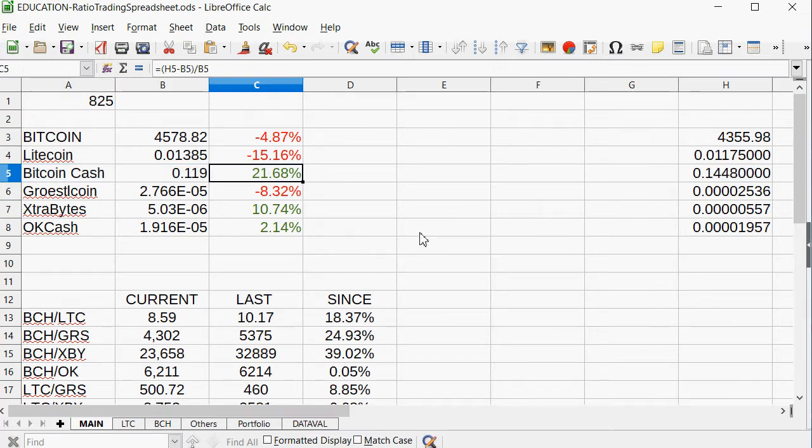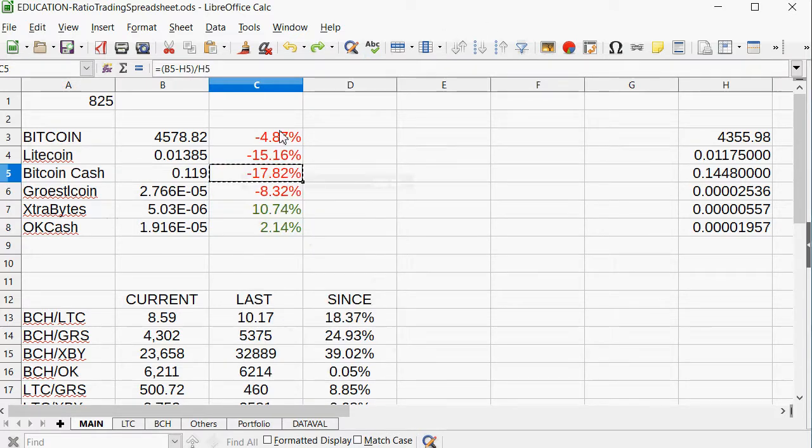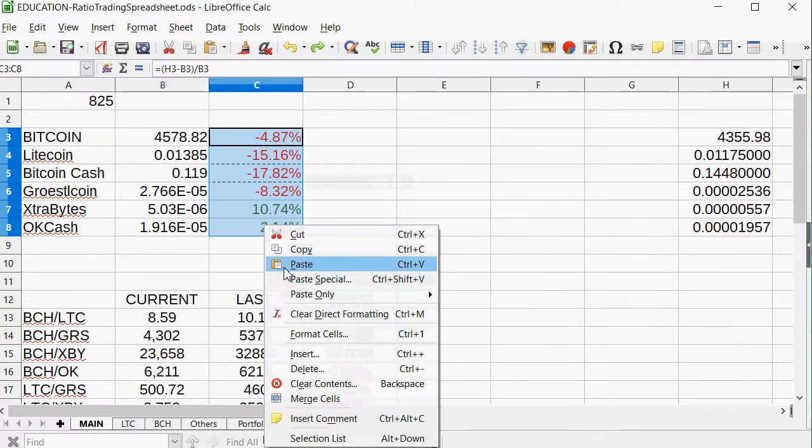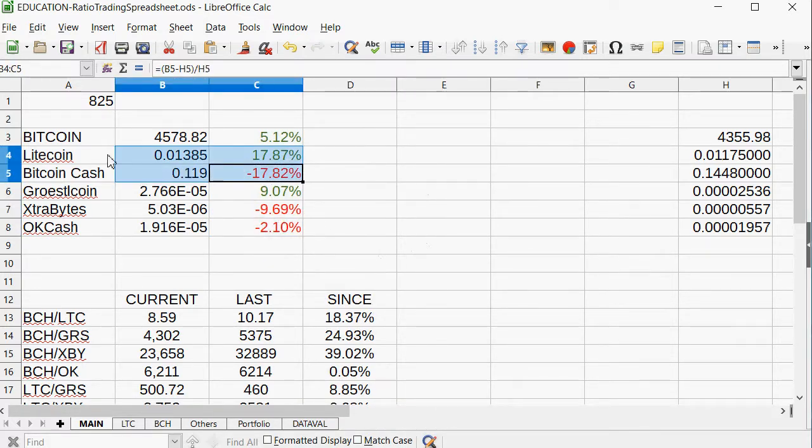Okay, I'm doing it opposite. Equals this price, subtract the old. That is why it's like that. I went to copy there, I accidentally pasted, that's fine. And paste it all here. Not paste special. Now that makes sense. XBY is down 9, this one's down 17, Litecoin up 17.